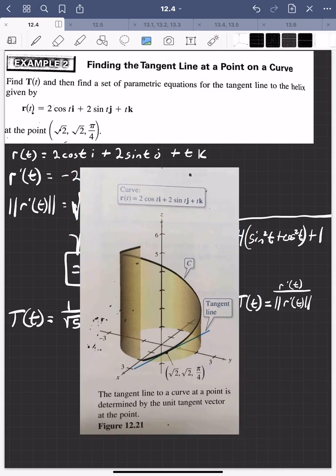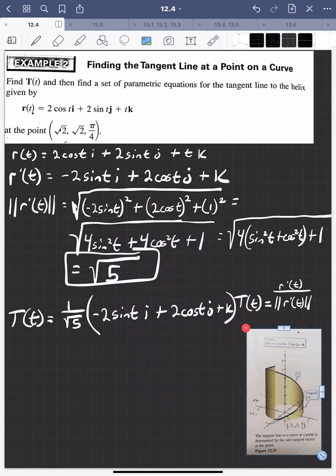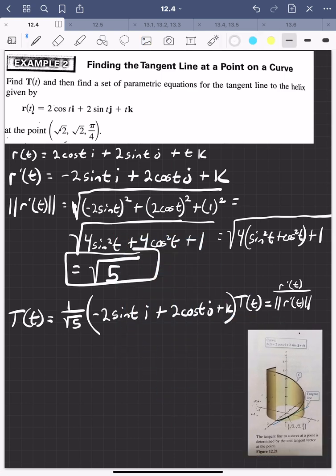So you can see the blue tangent line, and you can see the point that we're given, and what we want is the equation of that tangent line. We want the parametric equations. So what should we be thinking? We should be thinking x equals, y equals, z equals.